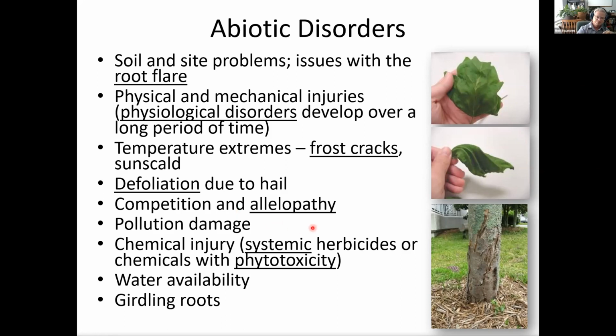Another example of allelopathy is walnut trees. They produce a chemical called juglone, and that's the typical test question about allelopathy: the walnut produces this chemical compound that inhibits the growth and development of just about every other plant on the planet.